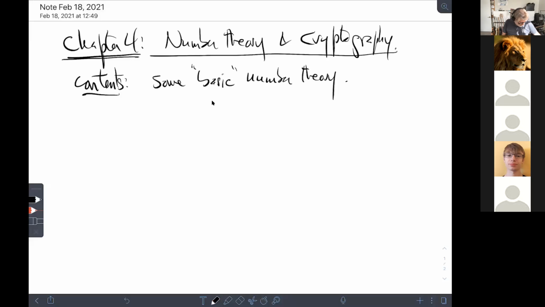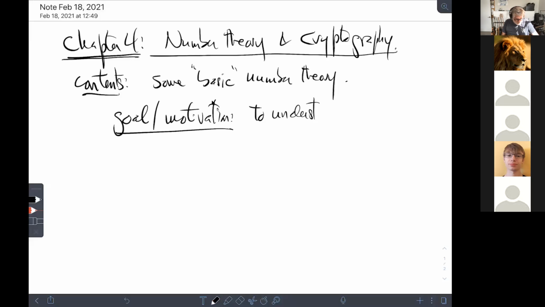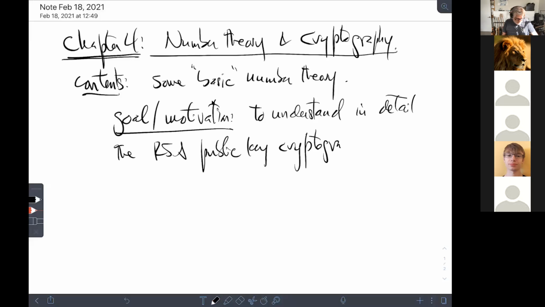Our goal, if you want to see a motivation for this from cryptography, is to understand in detail one specific protocol, the RSA public key cryptography protocol, which is based essentially on number theoretic principles and one complexity theoretic hypothesis.